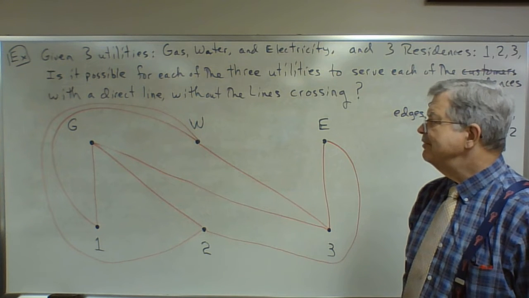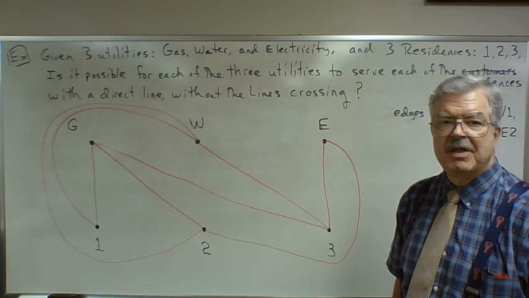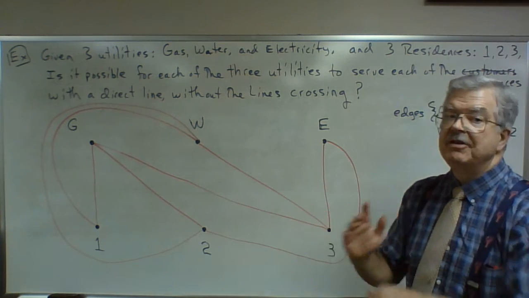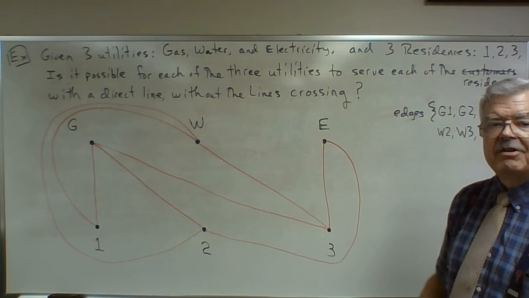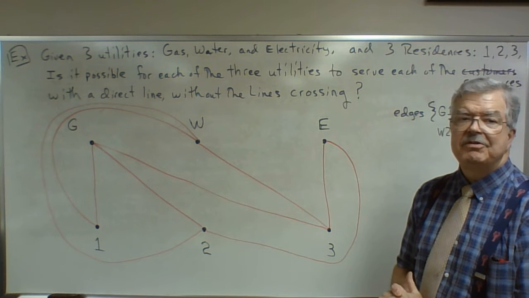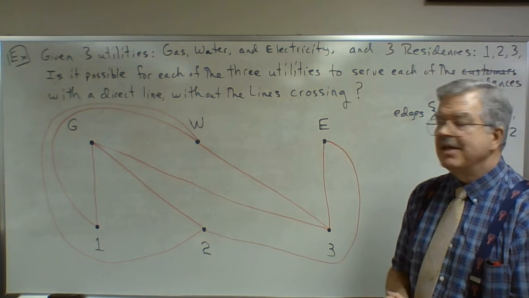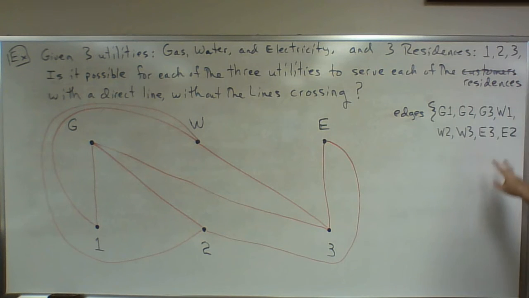We're not going to get service from all 3 utilities to all 3 residents without the lines crossing the way I've drawn it. And it turns out that we can prove using graph theory that this is the best we can do. We got 8 lines, and I'll let this be my set of edges.